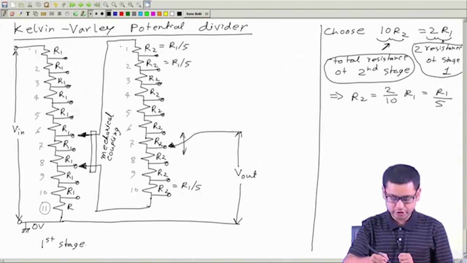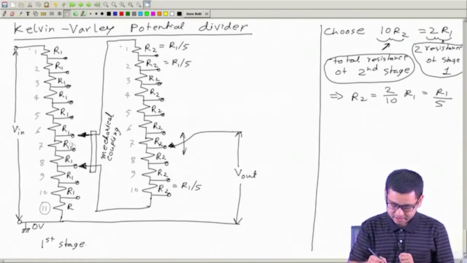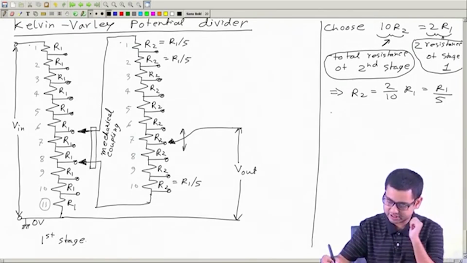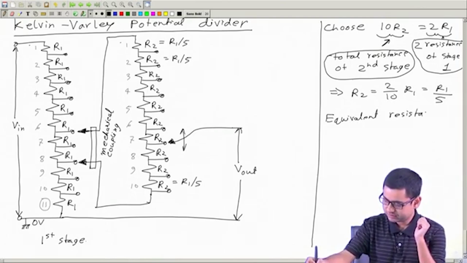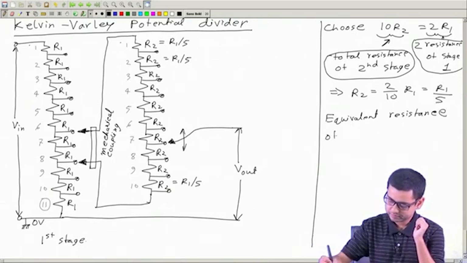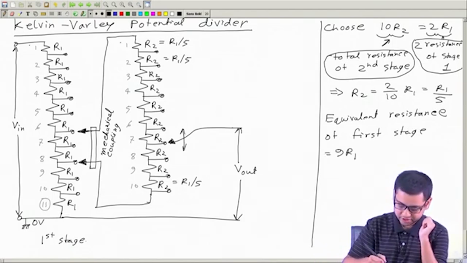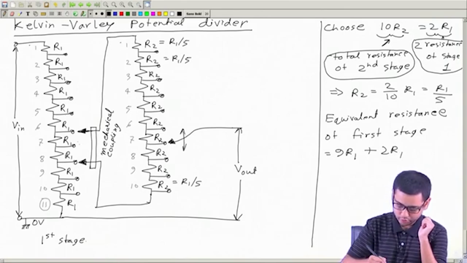R1 times 1, 2, 3, 4, 5, 6, 7, 8, 9, so 9 R1 plus this and this in parallel. So the equivalent resistance of first stage will be 9 R1 plus this 2 R1 in parallel with this 10 R2.